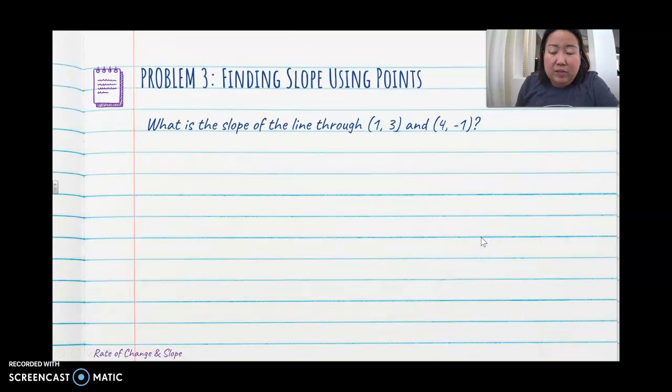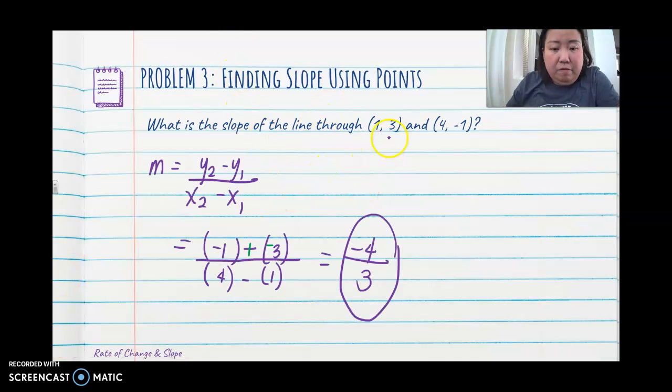So why don't you try this next example? Find the slope of the line that passes through (1, 3) and (4, -1). Go ahead. Okay, so the slope of the line that passes through (1, 3) and (4, -1) will eventually be -4/3.